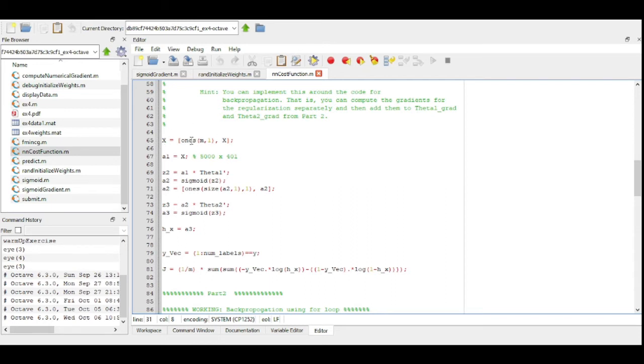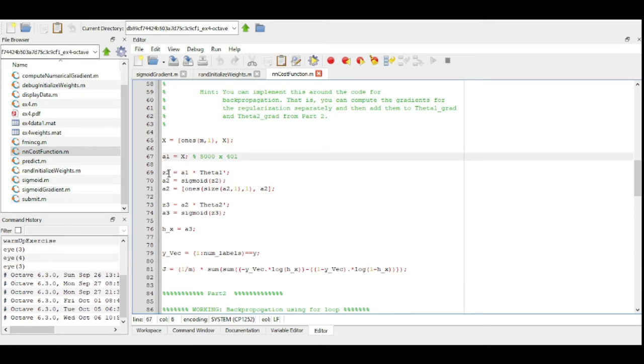That is our X, and after taking X, we initialize a1 equal to X. It is the same as in my previous tutorial in week 4, where I explained how we can implement this. So here we have taken input a1 equal to X.